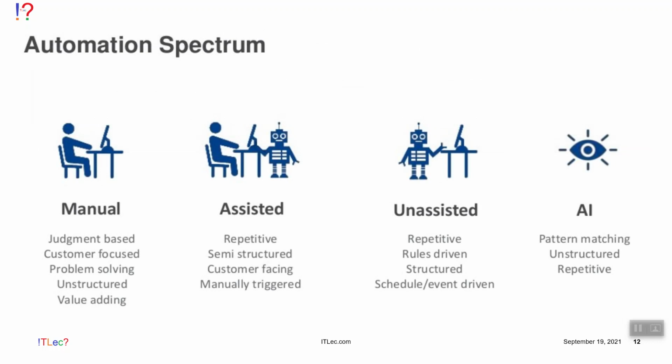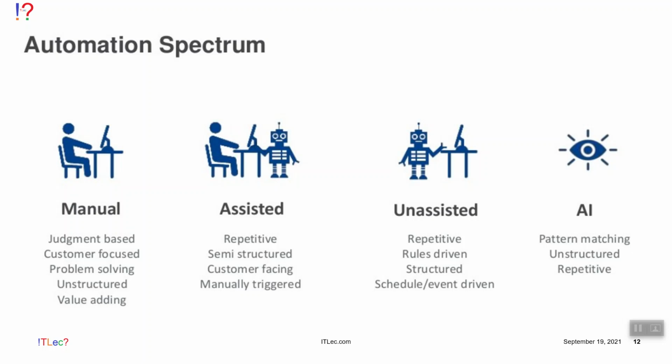So, the automation spectrum, or the types of automation, we have like stages. We have manual work, we have assisted or attended, and we have another type called unassisted or unattended, and in the end we have AI.